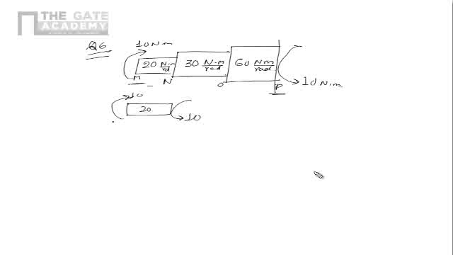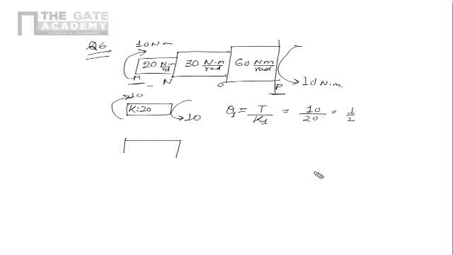The torsional stiffness we define by capital K, so theta is nothing but T upon K. Theta 1, with torsional stiffness K1, becomes 10 upon 20, which is 1 by 2.